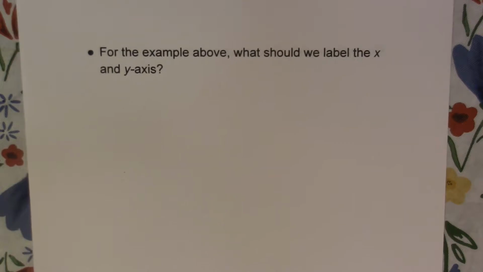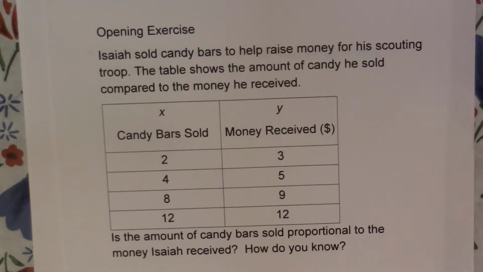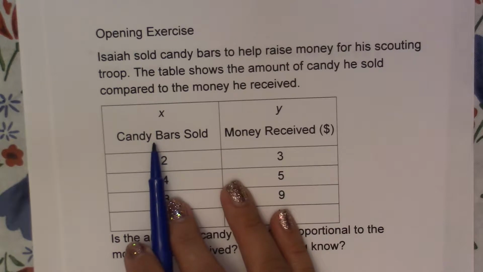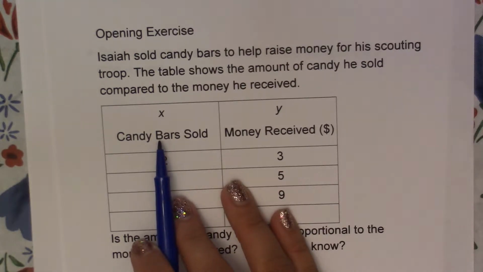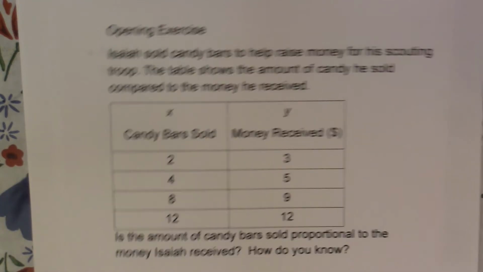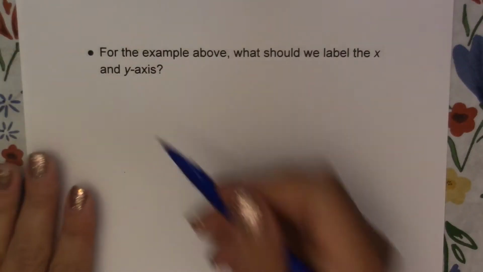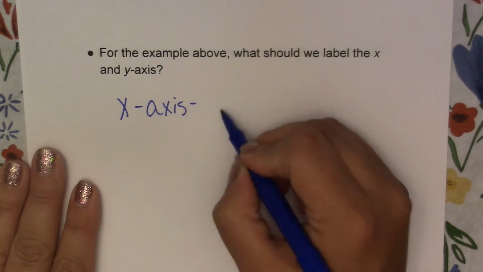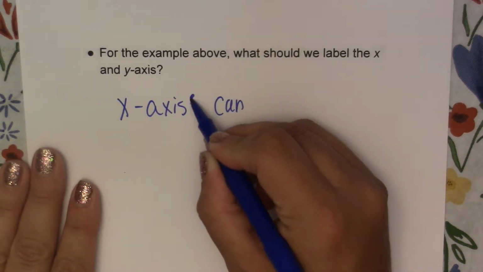All right, our next question. From the example above, what should we label the x and y axis? So luckily in our table they did label those for us. So when we label our graph, we would label our x-axis as candy bars sold and our y-axis as money received. So we would label the x-axis candy bars sold. Maybe we'd do a colon here.